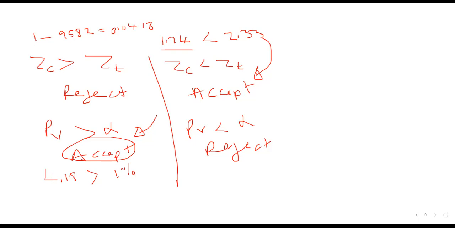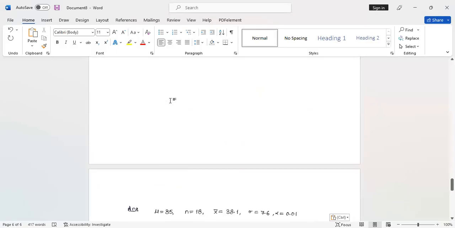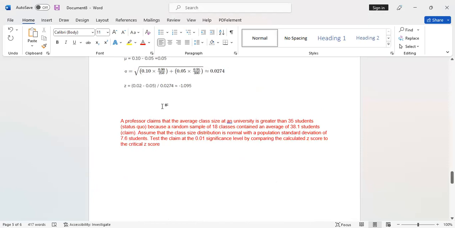So I indicated this in the miracle kit so that you understand better how the p-value is done. But I think I've explained it more elaborately now so that you can follow through. So here's a question, same thing that I've done.